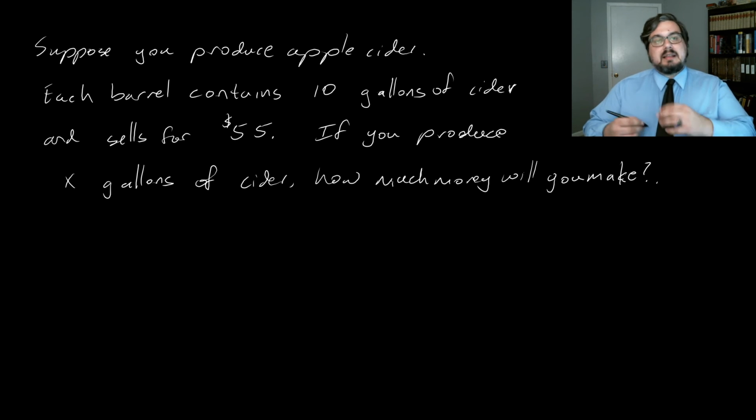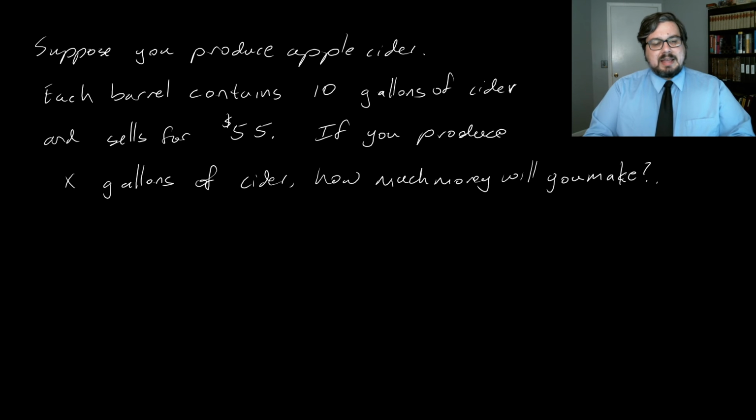You're not going to be selling half barrels or anything like that. You're only going to be selling full barrels. And so we want to find an expression that tells us how much money we're going to make. The first thing we want to see is, how many barrels are we going to produce?